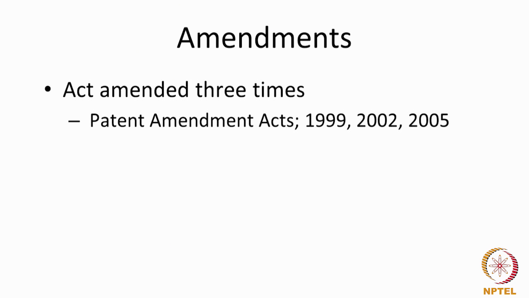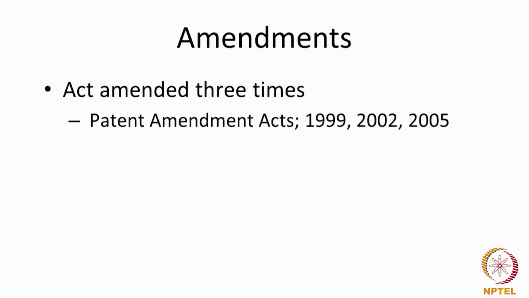So, the term of the patent is now universal in that sense. India had to carry out various amendments. The Patents Act was amended in 1999 to bring about certain provisions. Then again there was an amendment in 2002, and the last amendment came in 2005. With the 2005 amendment, the Indian law was in complete compliance with the obligations under TRIPS.